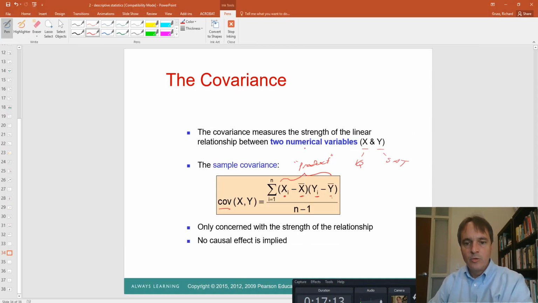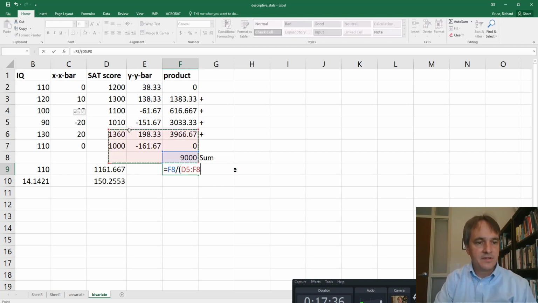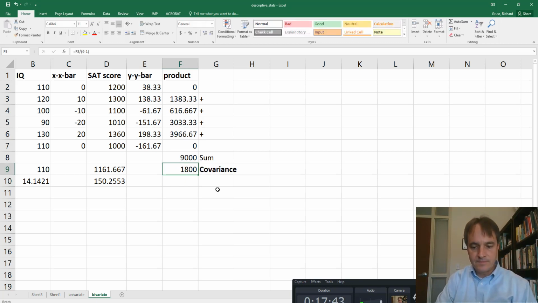We don't quite have the whole thing yet because there's one more piece of the covariance we haven't incorporated, and that's to divide by n minus 1. So let's go back and do that. We take this and divide it by n minus 1, where n is just the number of observations, so 6 minus 1. That gives 1,800.